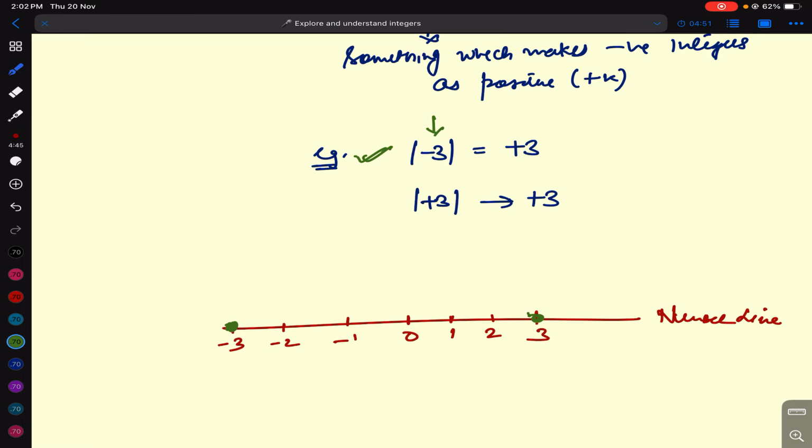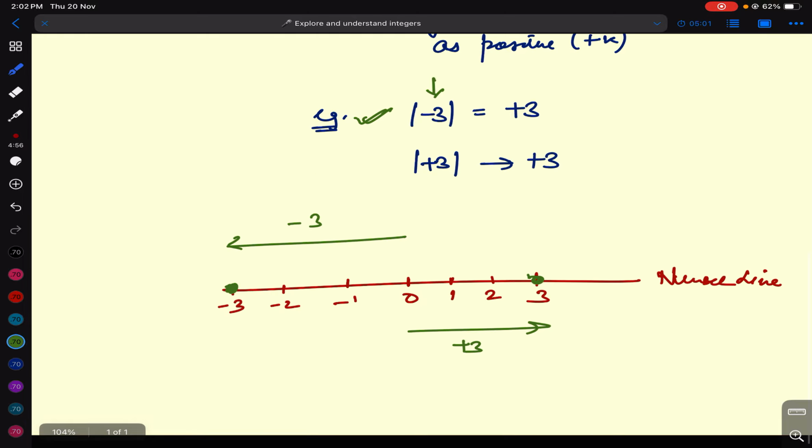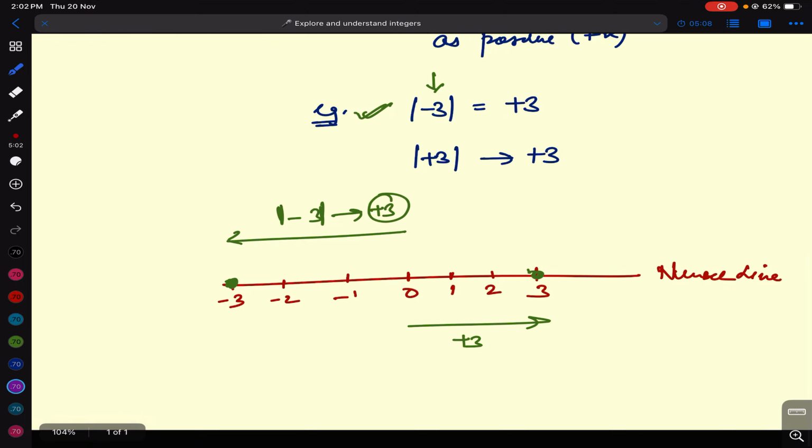Can I label this as -3 and this as +3? Yes. Now when we apply the absolute value to this, it makes it +3. So if I have to label the absolute value of -3, it is going to be this.